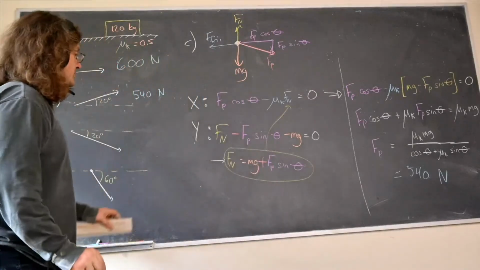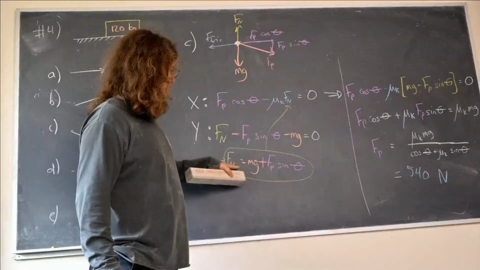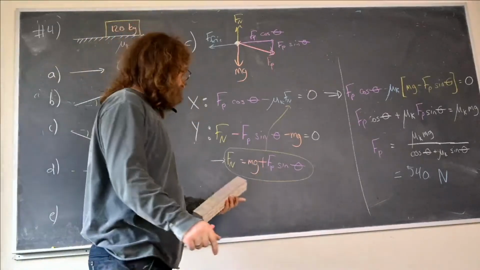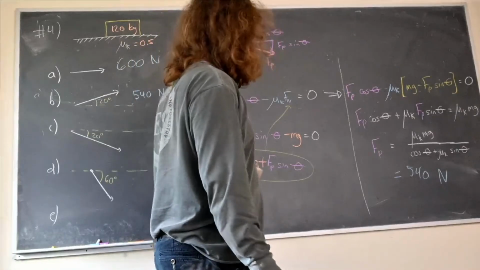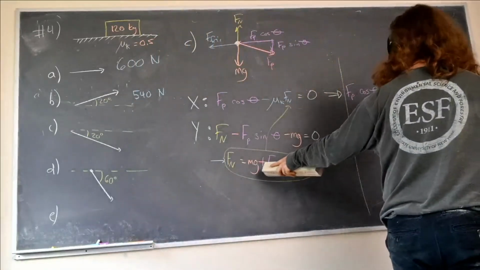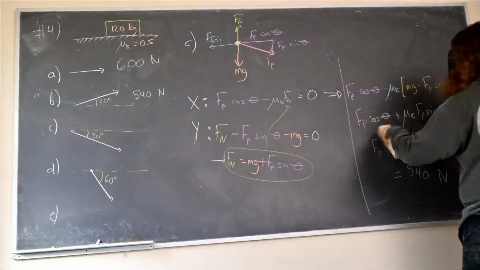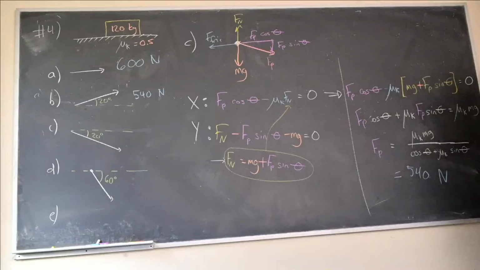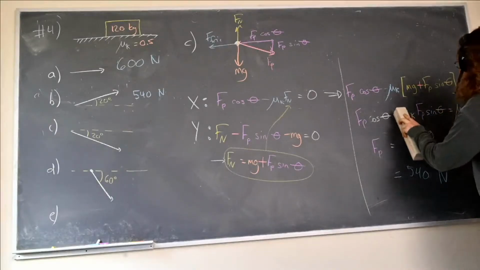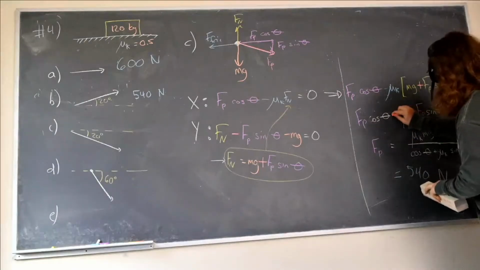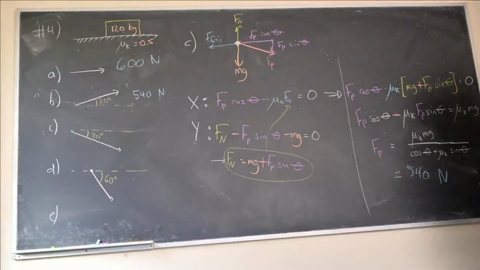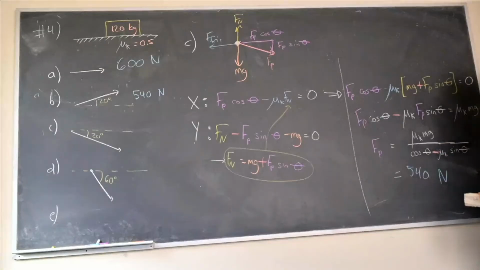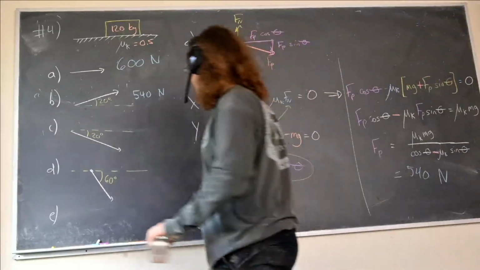So what is different is that now the normal force is bigger than the weight, because now I'm pushing the thing down into the ground rather than lifting it up. So let's now propagate this change in signs. Now when I plug in for the normal force, this minus sign becomes a plus sign, which means that this plus sign becomes a minus sign. This plus sign becomes a minus sign.